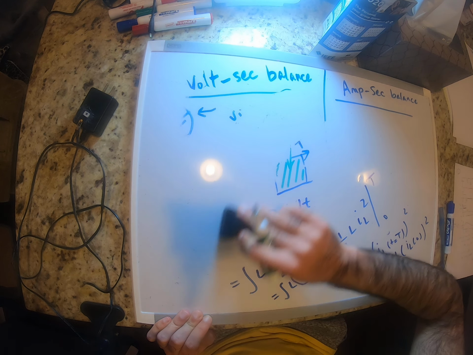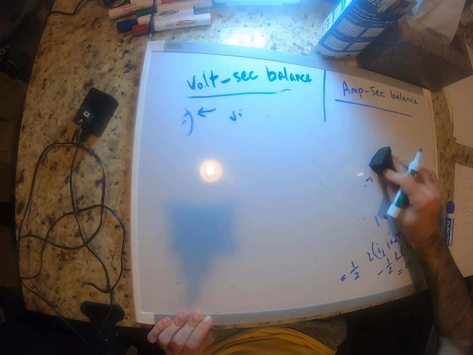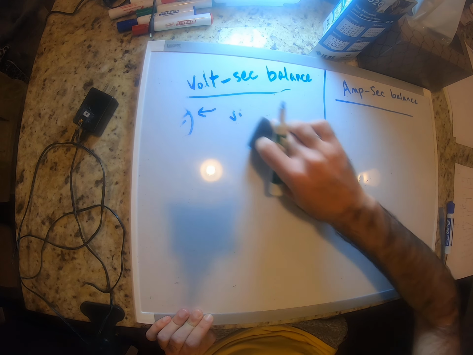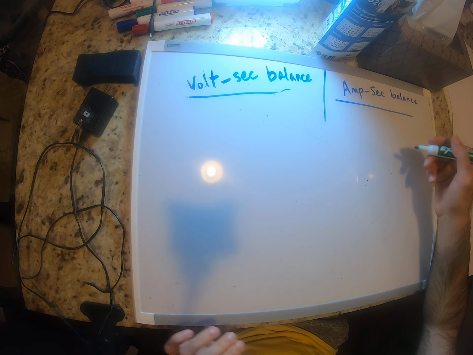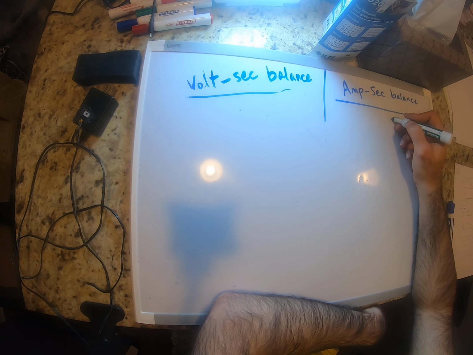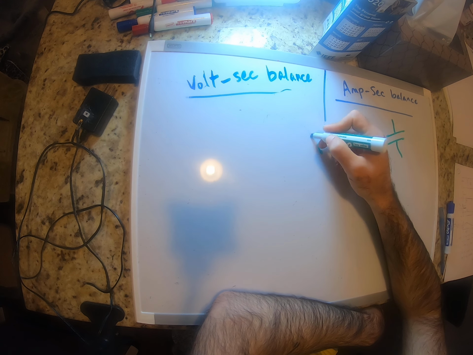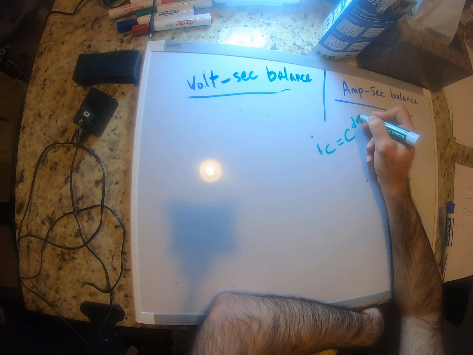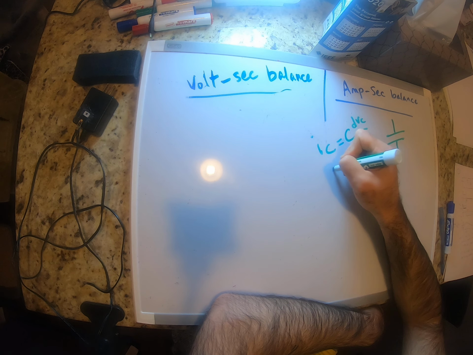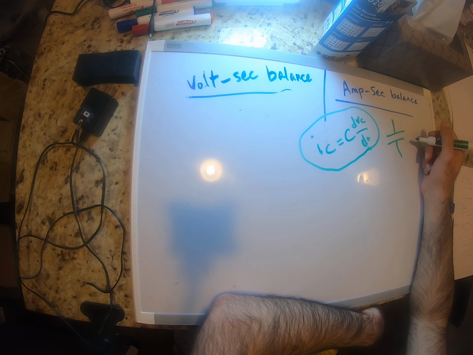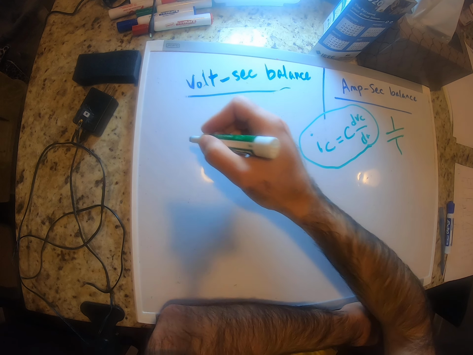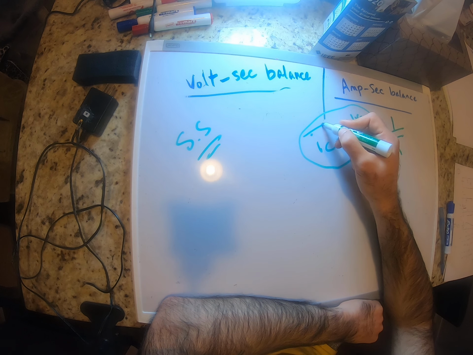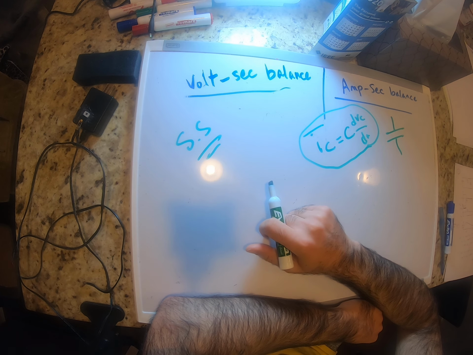We can do exactly the same analysis for a capacitor. There's a good duality between inductor and capacitor. So for the capacitor, we have I that goes through a capacitor, IC, equal to C dVc over dt. That's the dynamics of a capacitor, right? And again, if we assume we are in the steady state mode, it means that the average current should be equal to 0.